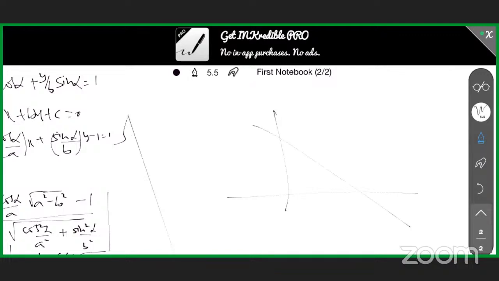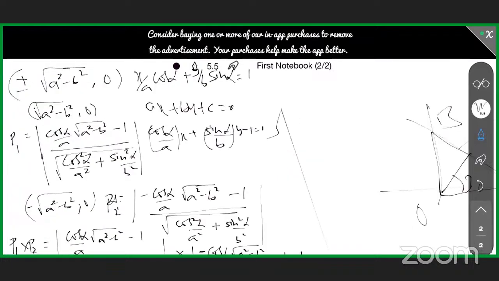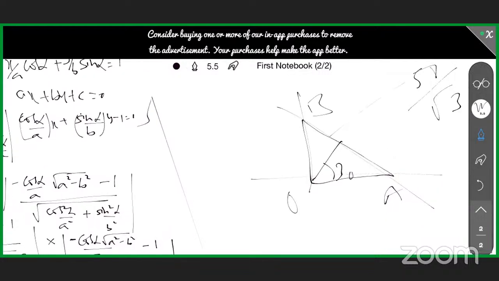This line has a perpendicular from the origin making a 30-degree angle, and because of this I'm getting a triangle here. Let us call it OAB. The area of OAB, they're telling, is 50 by root 3. With all these things given, we have to find the equation of this line.